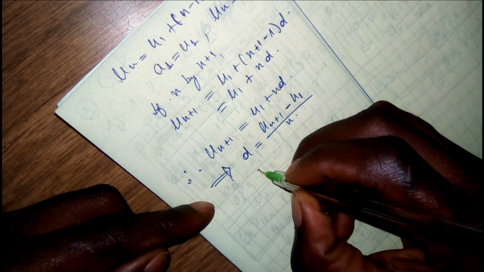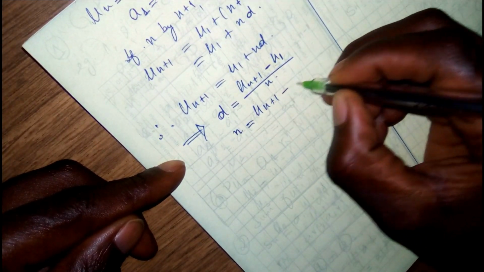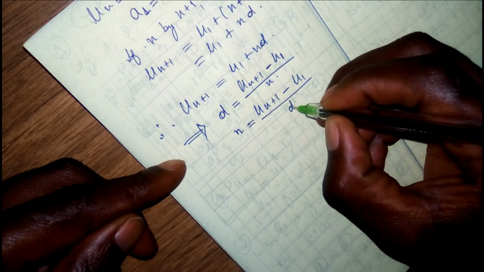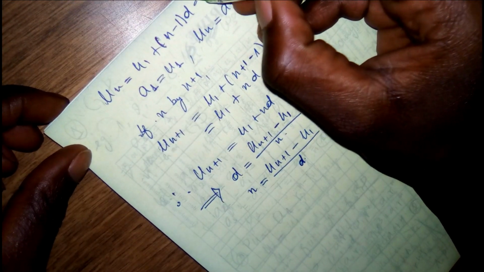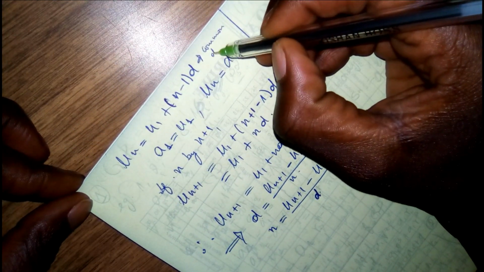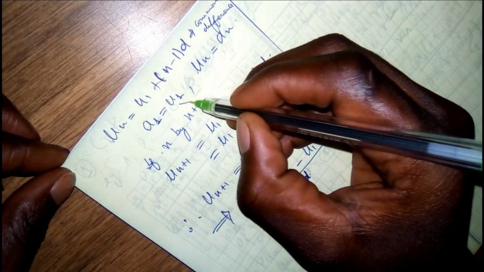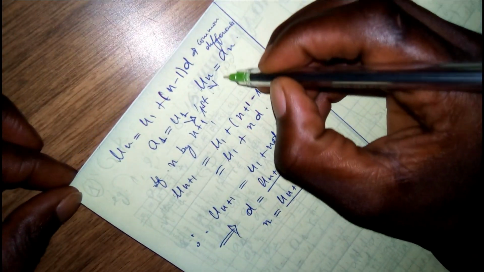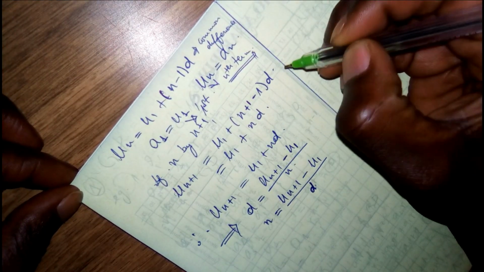Or also n can be calculated as un plus 1 minus u1 over the common difference. We have seen that this is the common difference, this is the first term, and this is called the nth term.